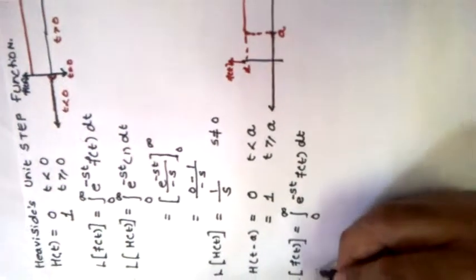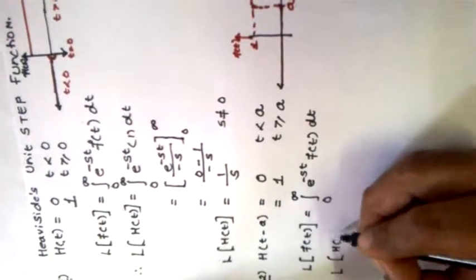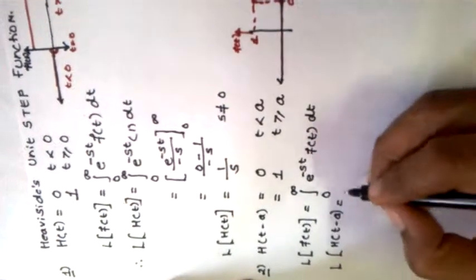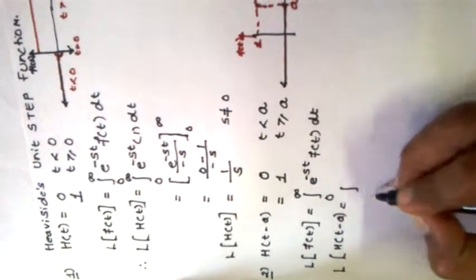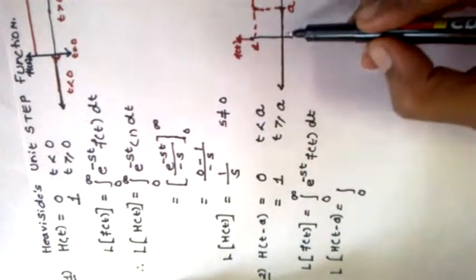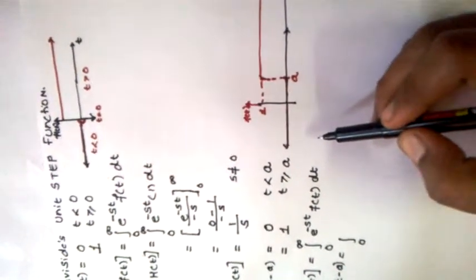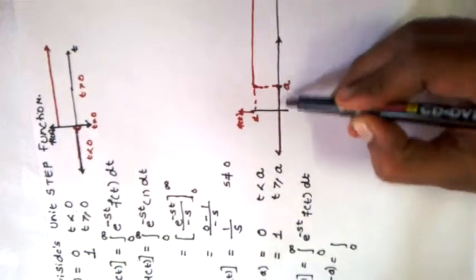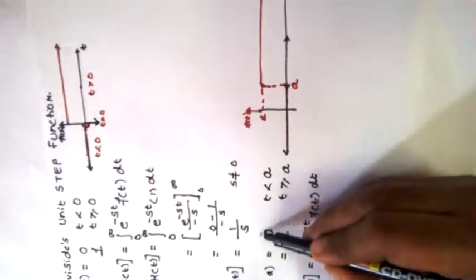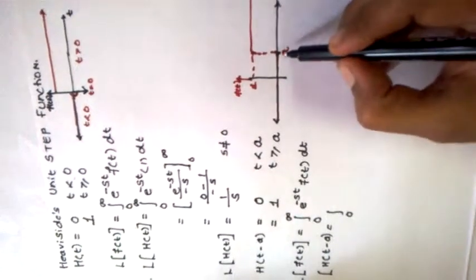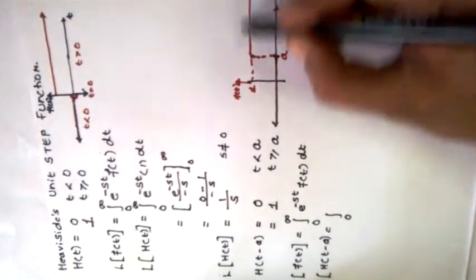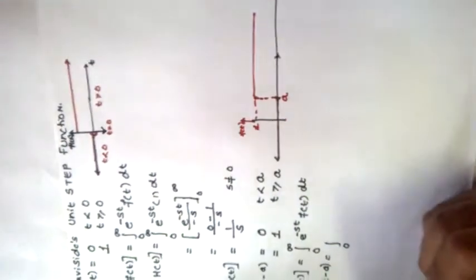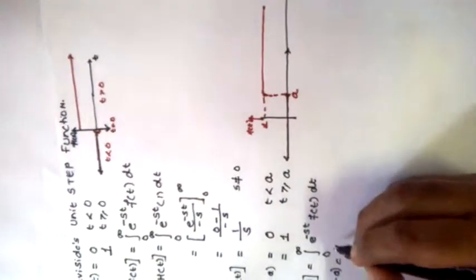So therefore Laplace of h of t minus a is going to be integration 0 to infinity. But what we have observed is in the interval 0 to a, the value of the function is 0, and from a onwards till infinity the value of the function is 1, which says that the integration 0 to infinity should be split at t is equals to a.